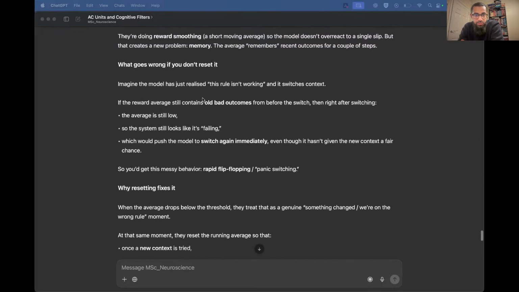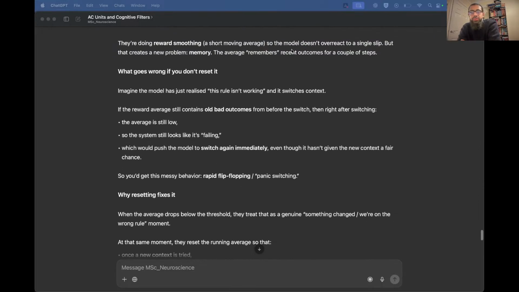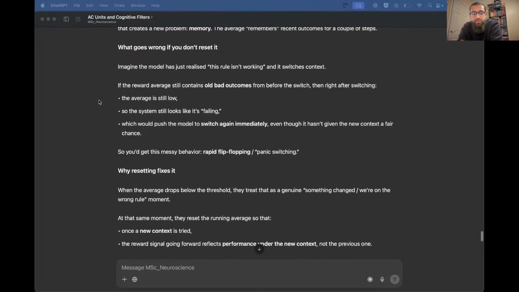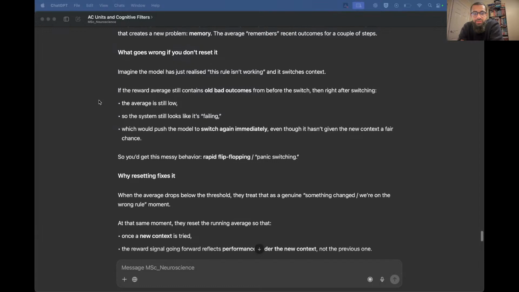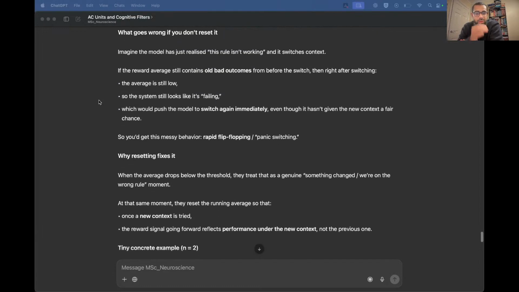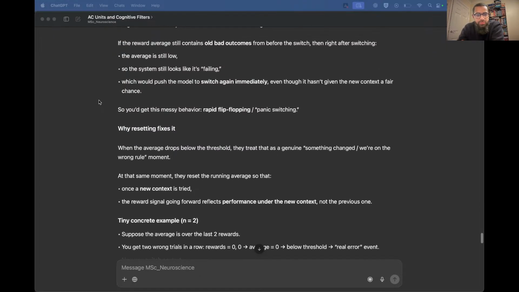They're doing reward smoothing, a short moving average, so the model doesn't overreact to a single slip. But that creates a new problem, memory. The average remembers recent outcomes for a couple of steps. What goes wrong if you don't reset it? Imagine the model has just realized this rule isn't working and it switches context. If the reward average still contains all the bad outcomes from before the switch, then right after switching, the average is still low.